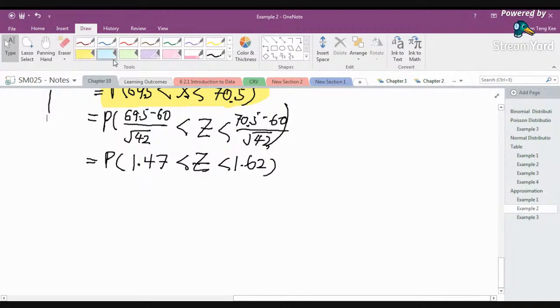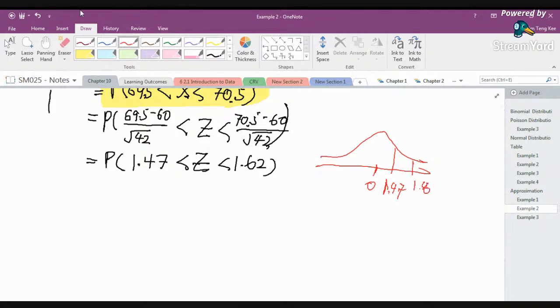Then from there, again, have a quick look at the bell-shaped diagram. 0, then we have 1.47 and 1.62. The region I want is this one, shaded in red.